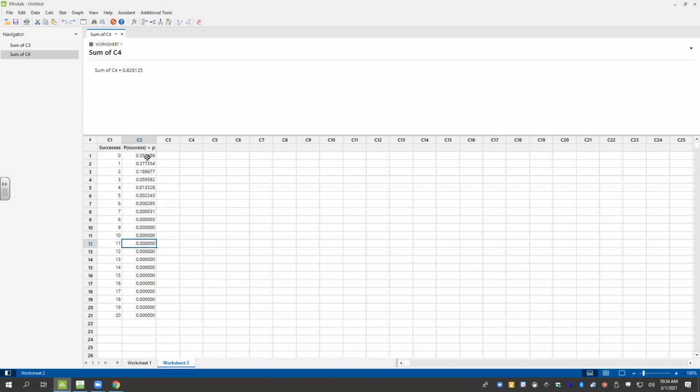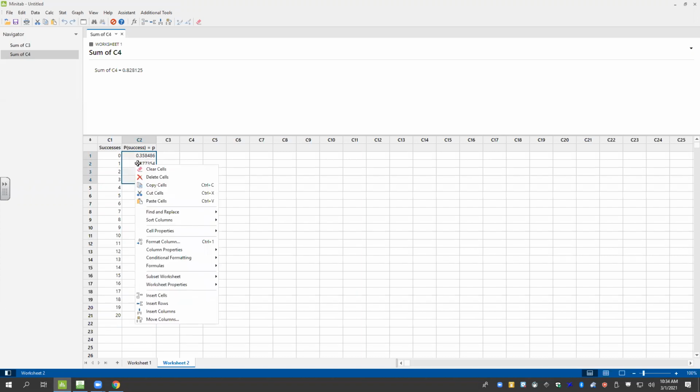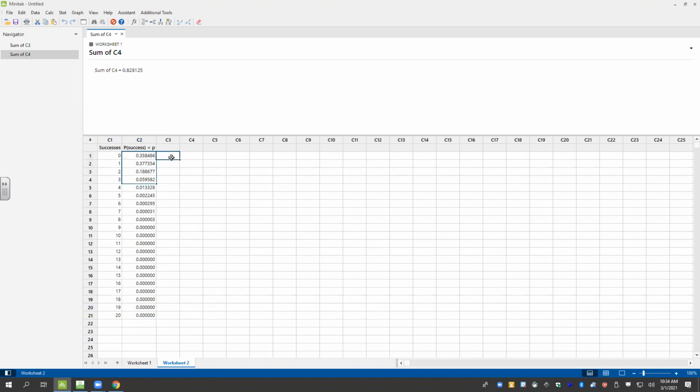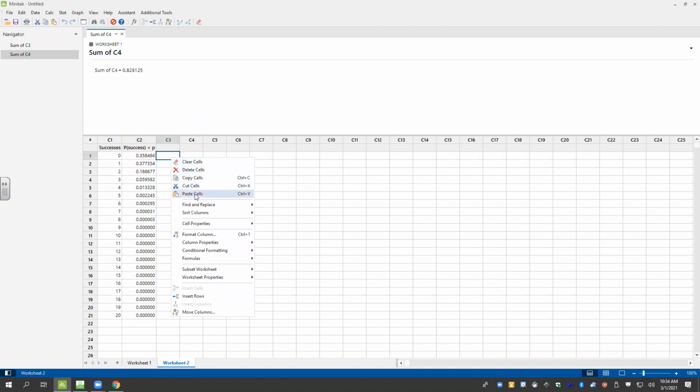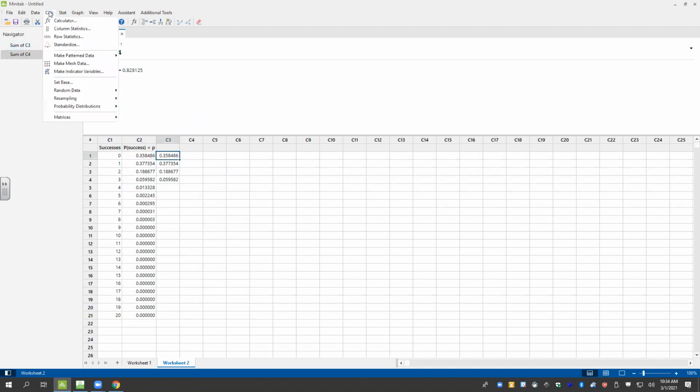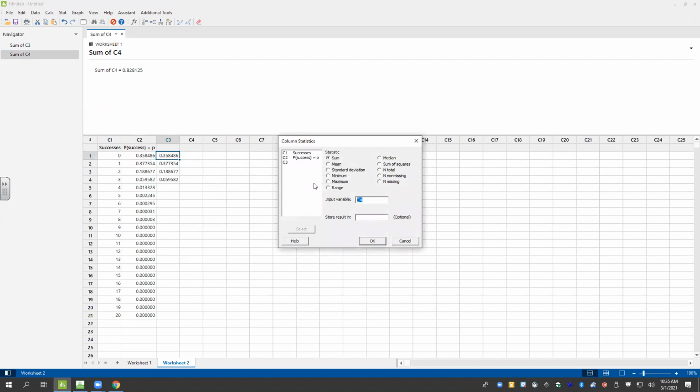So I'm going to start, highlight 0, hold the shift key, and get 0, 1, 2, 3. Copy, paste, calculate, column statistics, and I'm doing column 3. Column 3, not column 4, thank you.